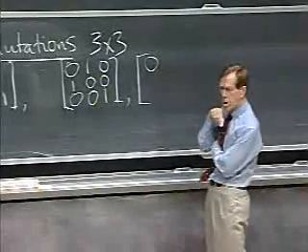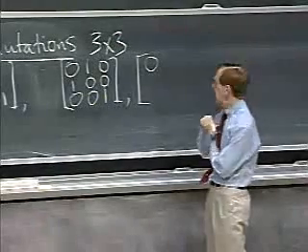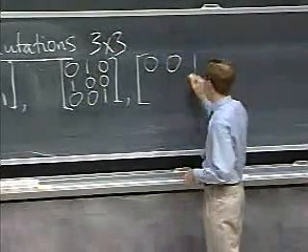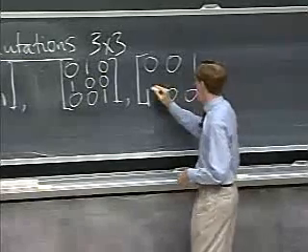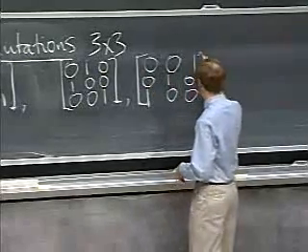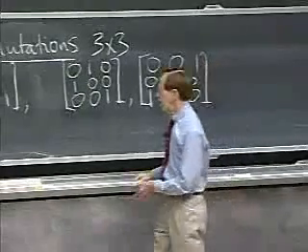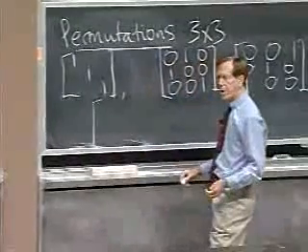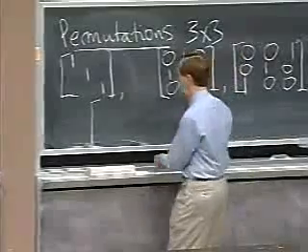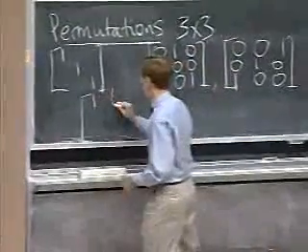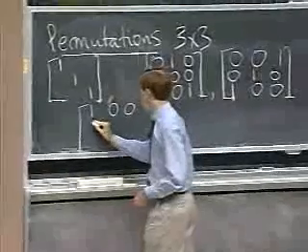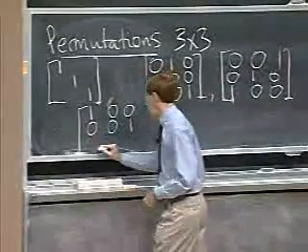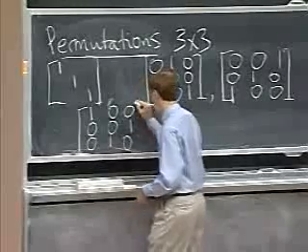Switch rows 1 and 3, leaving 2 alone. Okay. Now what else? The next easy one is switch 2 and 3. Good. So I'll leave 1, 0, 0 alone, and I'll move number 3 up and number 2 down.